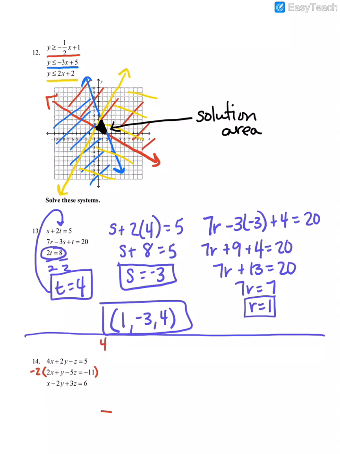So I have 4x plus 2y, if I work with the top two, minus z is equal to 5. And negative 4x minus 2y plus 10z is equal to 22.